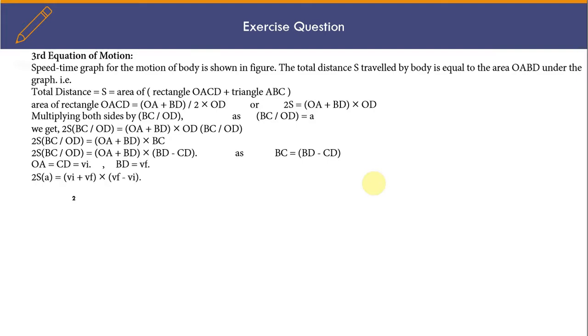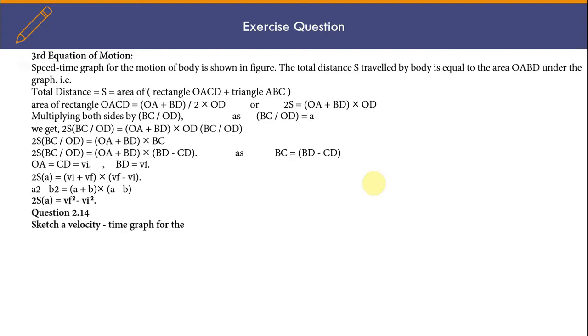By placing all the values, we get 2aS is equal to (Vf plus Vi) into (Vf minus Vi), and according to the mathematical formula, a squared minus b squared is equal to (a plus b) into (a minus b), we get 2aS is equal to Vf squared minus Vi squared.